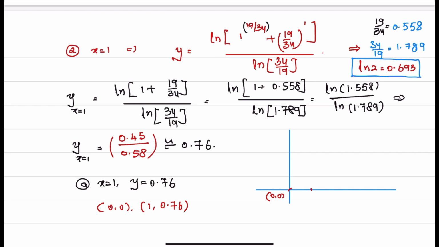This is how it is going. Now let us see how it happens. Because it's an exponential equation, it can't be linear. It should be curved.